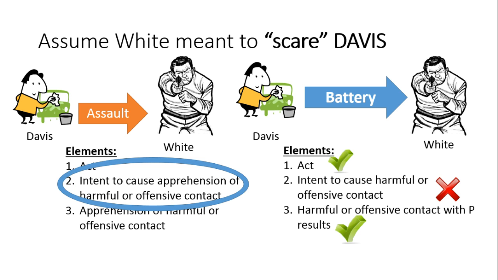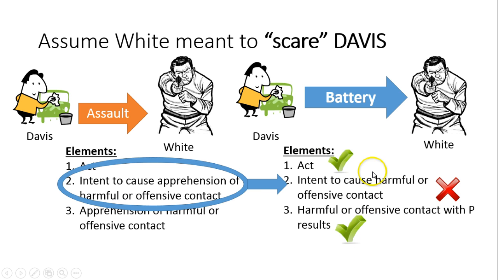So here what he'd say is, I clearly have White intending to cause me apprehension of a harmful or offensive contact. So I'm going to transfer that element over to the tort I now know I have the other elements for, action and result, and complete the proof for my tort.